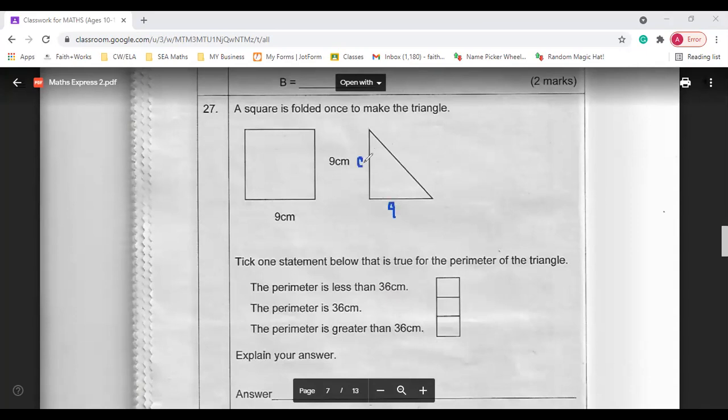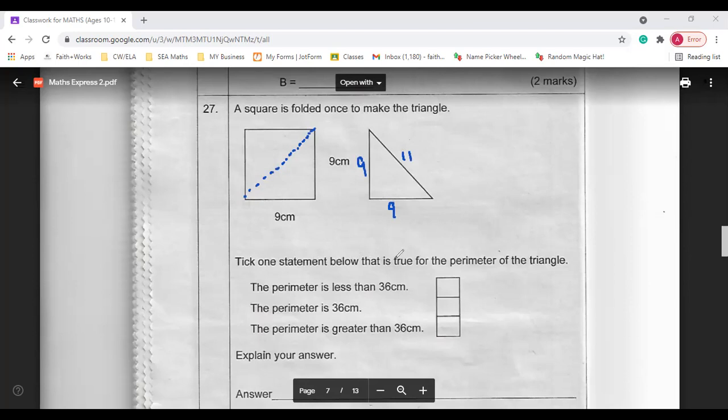This side is going to be 9. Right? Because it would have cut along here. All right, this side is going to be a little more than 9, because it's the longest side. So let's estimate this to be about 11.